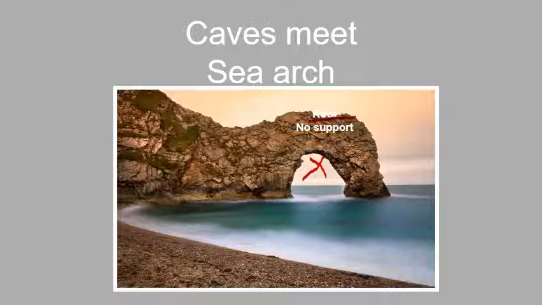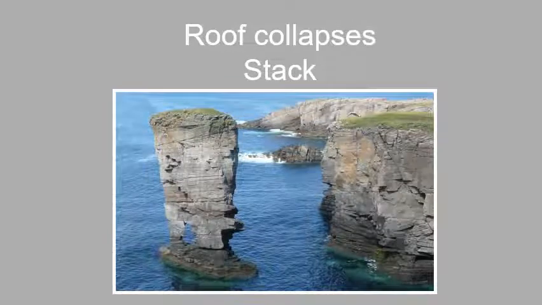So obviously, in time, the roof of that sea arch will collapse. When the roof collapses, we then get a feature that we call a sea stack. You could call it an offshore stack, or simply a stack is good enough. Look at that. Is that not amazing?